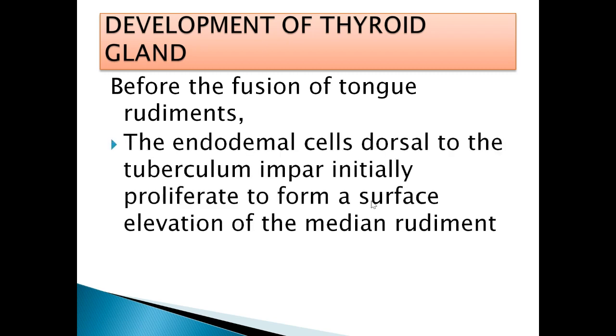dorsal to the tuberculum impar initially proliferate to form a surface elevation called as the median rudiment. So this median rudiment develops in relation just dorsal to the tuberculum impar. There is one elevation.